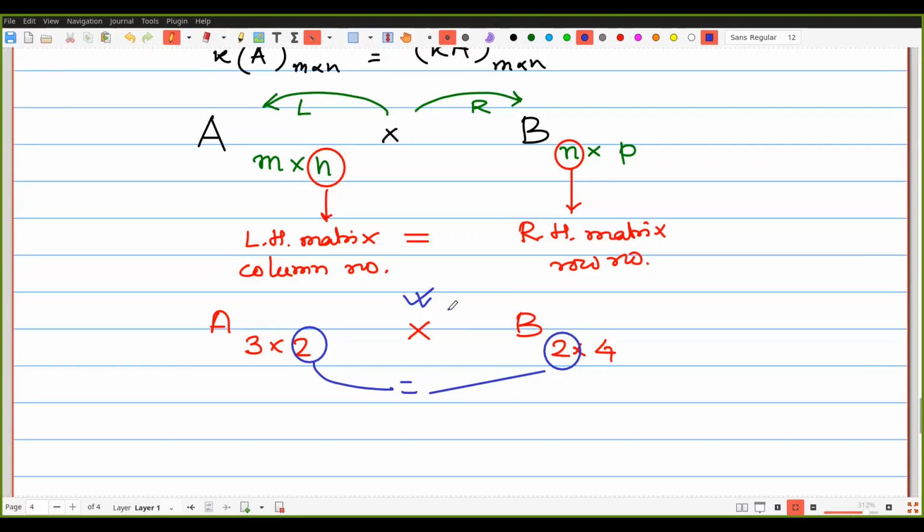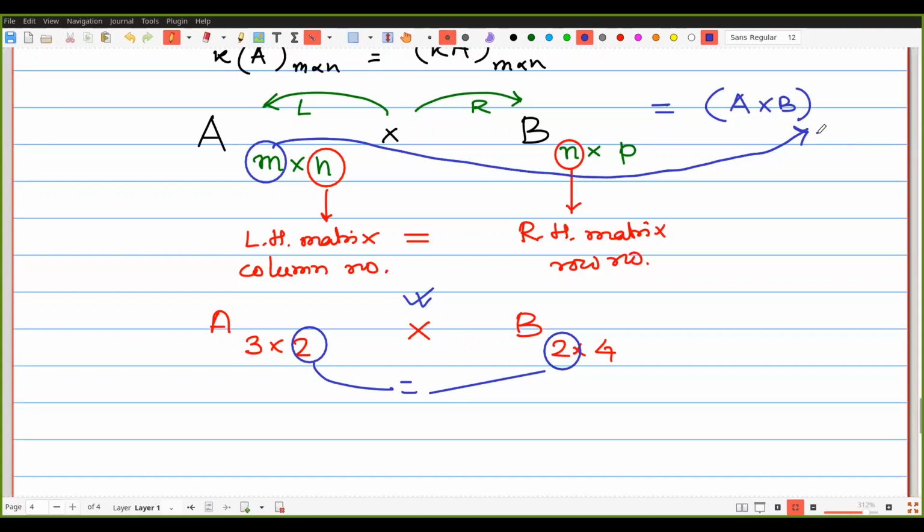So the left hand order and right hand matrix order both are very important. And what should be the resultant matrix? A cross B must have the order of the left hand's rows first, then the right hand's columns. That means m cross p.